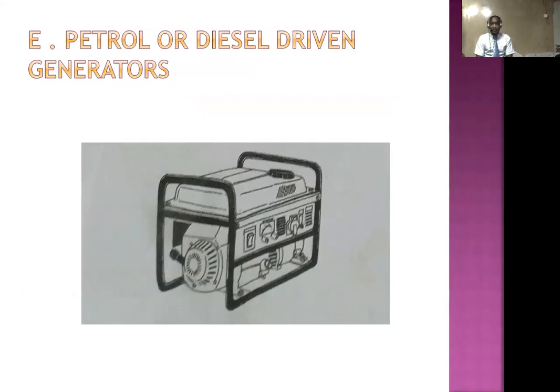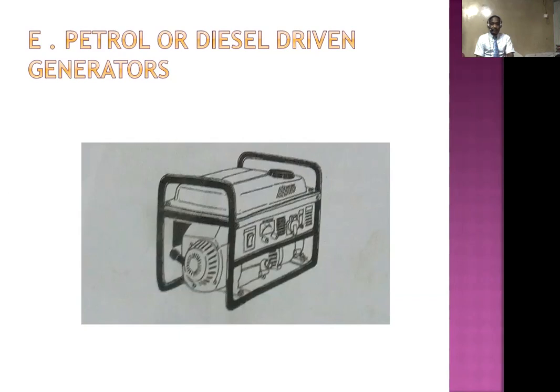Those which use petrol, we call them petrol-driven generators. These are generators that use diesel or petrol to turn their turbines. They are mostly used during times of power failure. Petrol or diesel emit gases that pollute the environment when they burn.